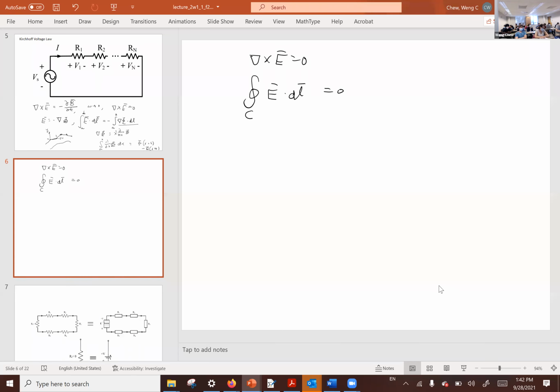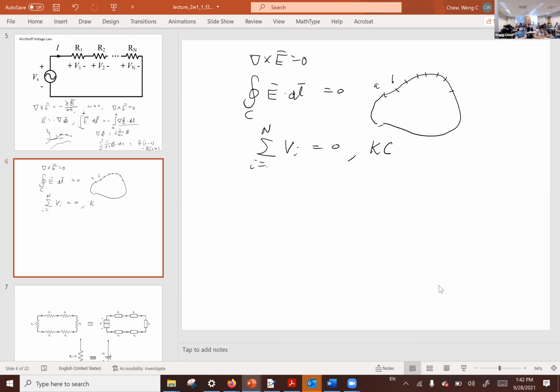And what it says is that if I have a closed loop, and if you don't like the concept of a closed loop, you can always divide it into a concatenation of line segments, and then define the voltage from point A to point B. And you end up with the fact that the sum of the voltages V_i, i from 1 to n, around a closed loop is always equal to 0.